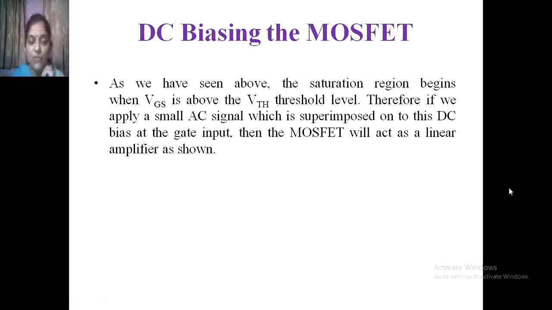The VGS at which conduction starts in a MOSFET is known as VTH, that is the threshold level.